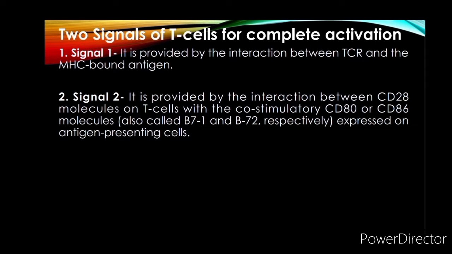It is important to note that T cells require two signals for complete activation. The first one is signal 1, which is provided by the interaction between TCR and MHC bound antigen. And signal 2 is provided by the interaction between CD28 molecules on T cells with the co-stimulatory CD80 or CD86 molecules expressed on antigen-presenting cells.